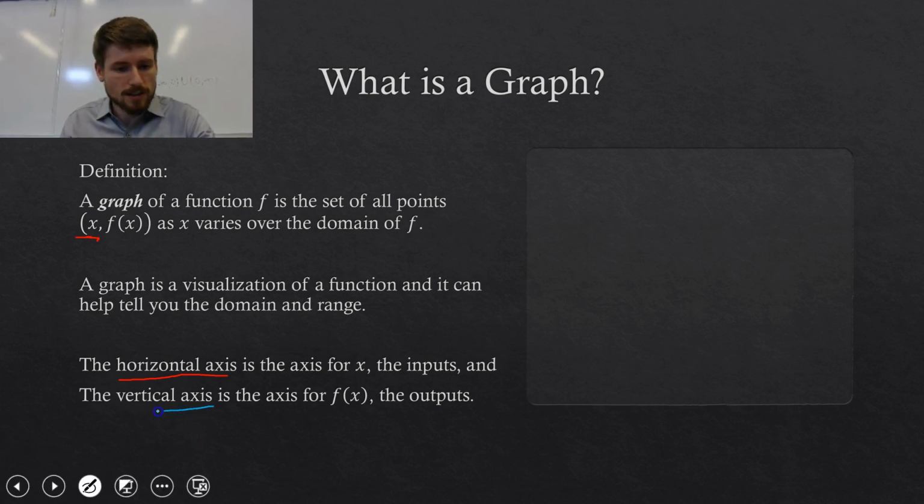So the vertical axis is going to go with our outputs. It's good to standardize things in a certain way. That's how we're used to doing it. Your x's are your horizontal values, and your y's or your f of x's are your vertical values.